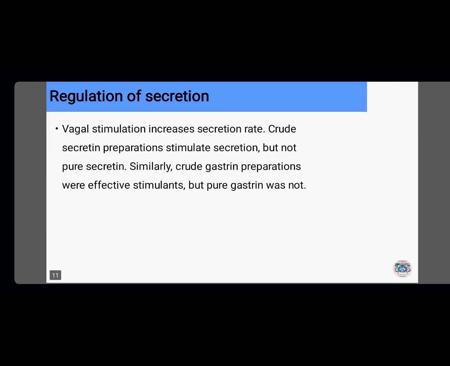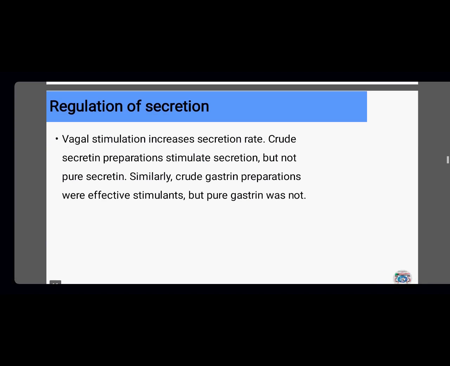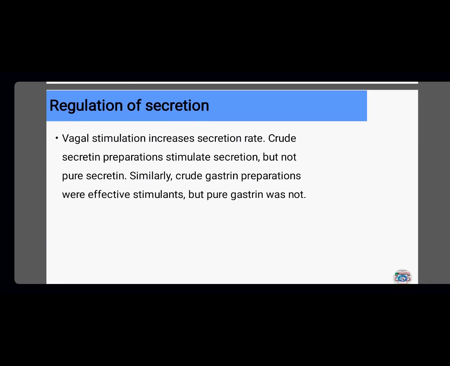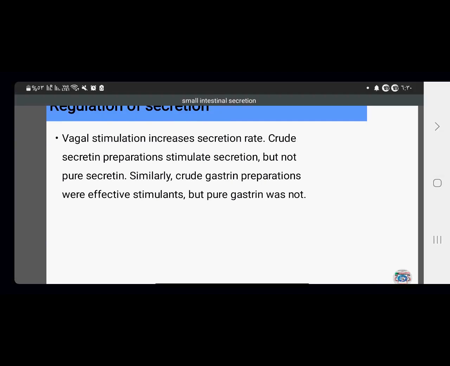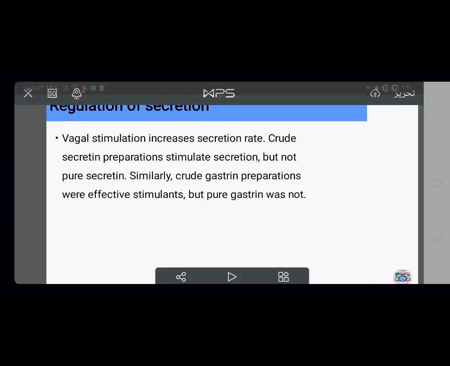Also, regulation of intestinal secretion can be controlled by vagal stimulation. The vagus nerve in the GI, as you know from your neuroanatomy knowledge, is a mixed nerve, sensory and motor.